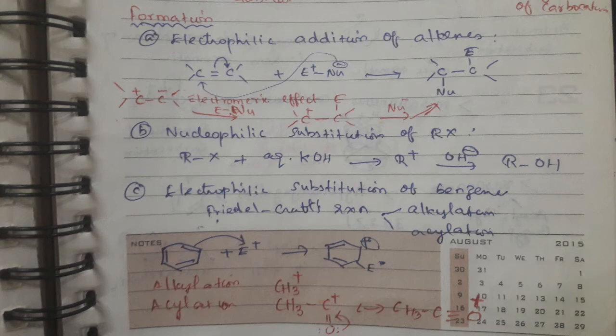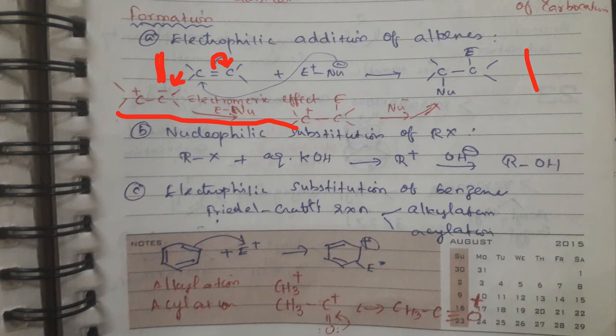You remember the electromeric effect: in the double bond, the pi electrons are shifted towards any one of the carbon atoms. Thus it makes one carbon carry the negative charge and the other carbon carry the positive charge.